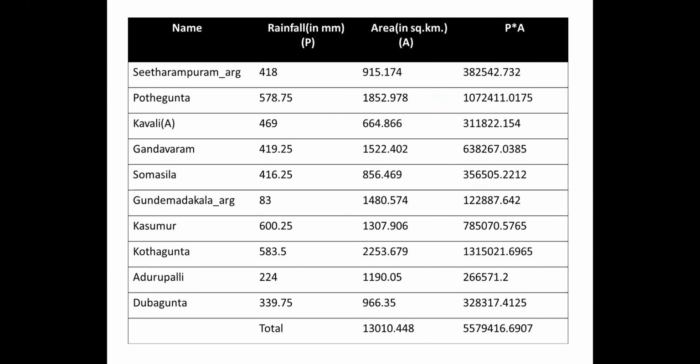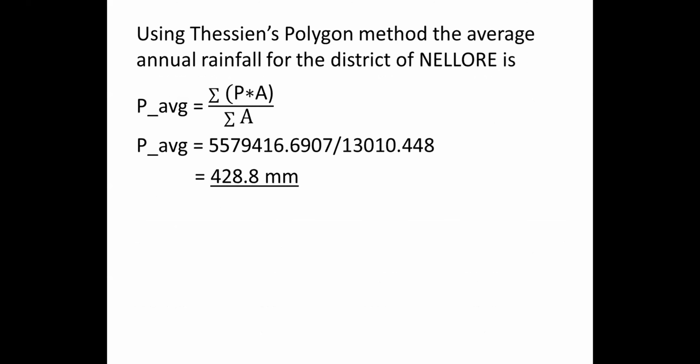So I took the mean rainfall for the entire year for the 10 stations, calculated their area and the product of the rainfall and area, then calculated their total, and according to the Thiessen polygon, the average rainfall is summation of P into A upon summation of total area. So I got the average rainfall as 428.8 mm.